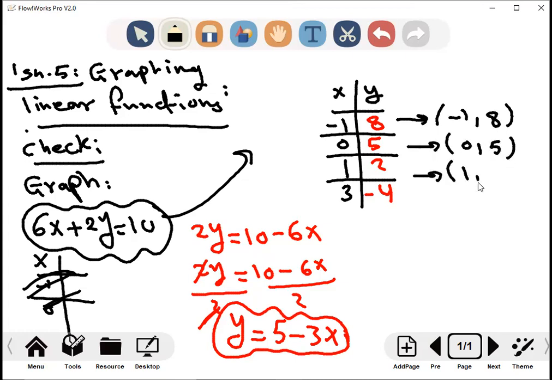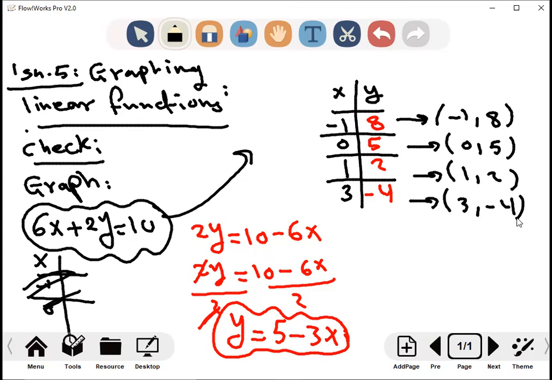Here 1 with 2, and here 3 with -4. Now I have 4 points for graphing this linear function, right? 4 points, no need for 4 points. 2 points are enough, but the more points you have, the more accurate your graph is.